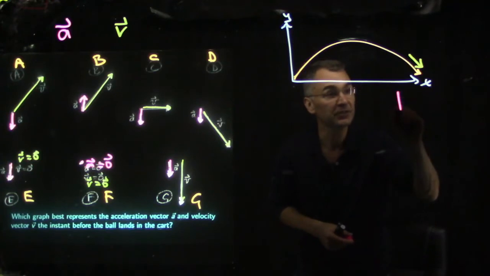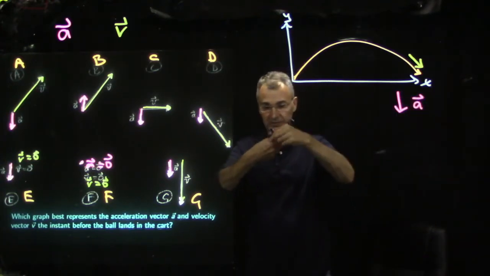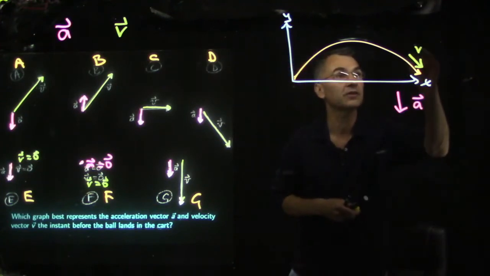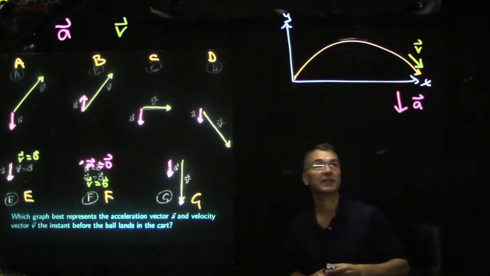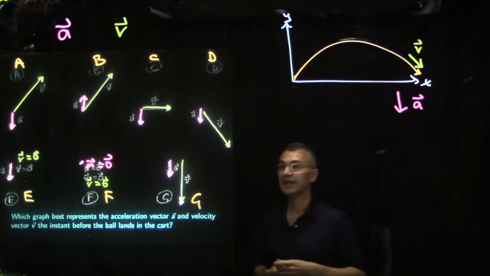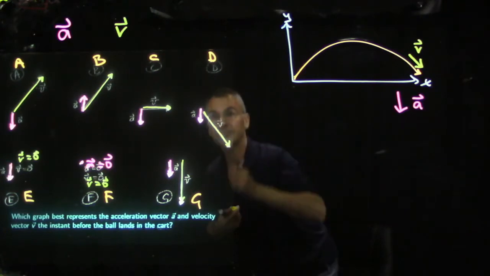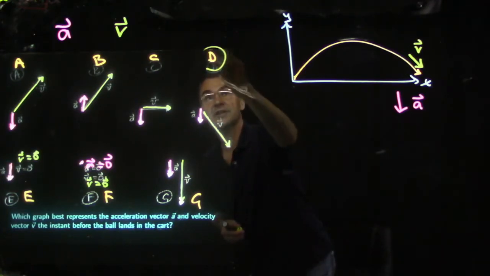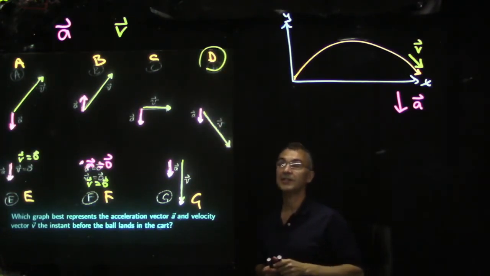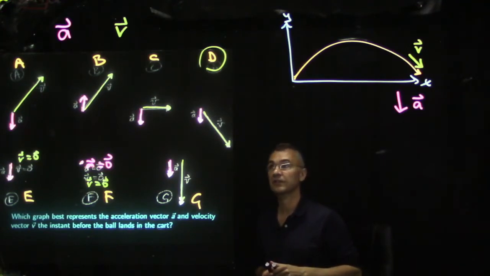So I think the instant before it lands in the cart, its acceleration vector still points directly downward. And I think that is consistent with answer D here. So I think I like D, delta, for the instant just before it lands in the cart.